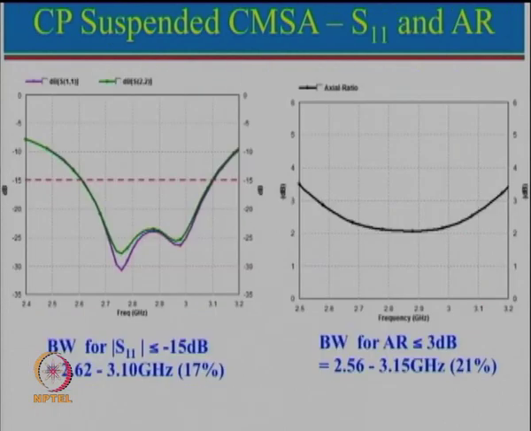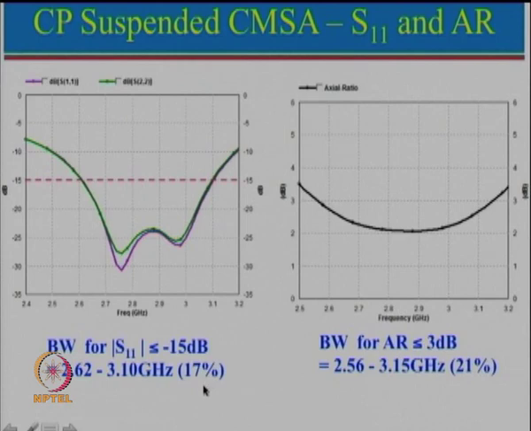Now, let us just see what is the reflection coefficient response. So, here 0, -5, -10. Instead of defining bandwidth for S11 less than -10, which would be very large bandwidth, we have actually defined it S11 less than -15 dB. Even for this value, you can see that the bandwidth is from 2.62 to 3.1, which is 17%.